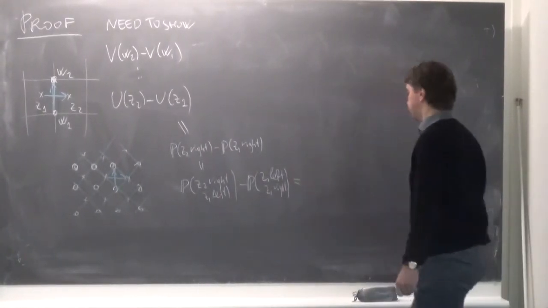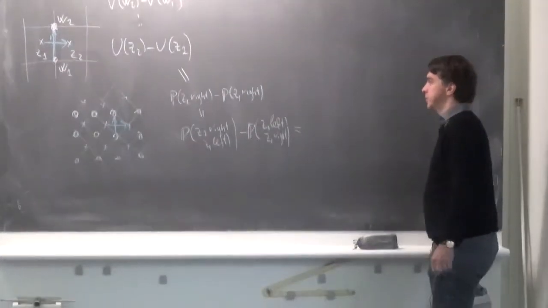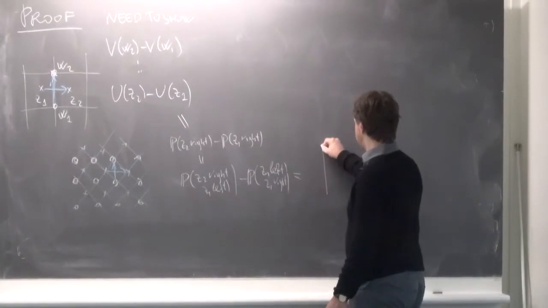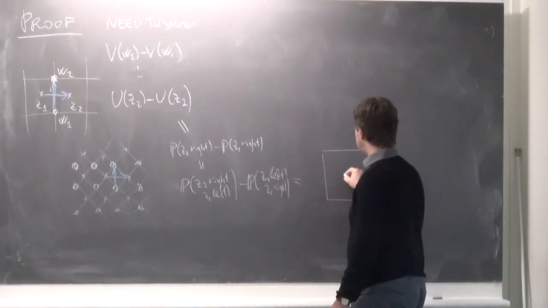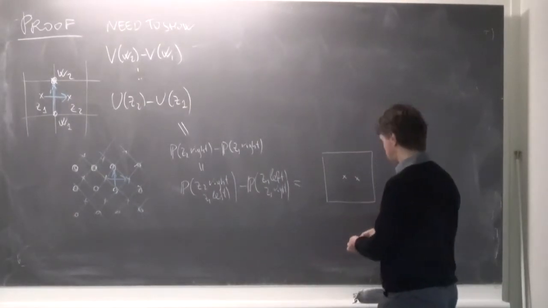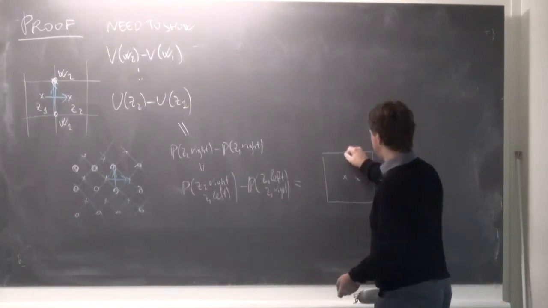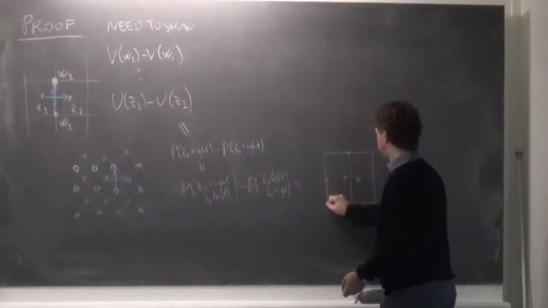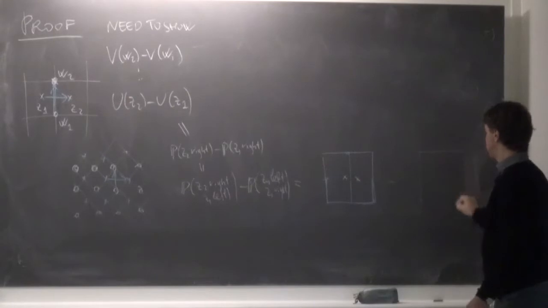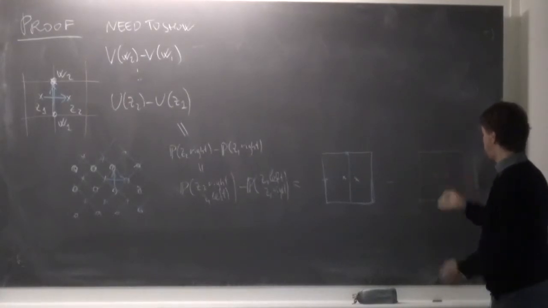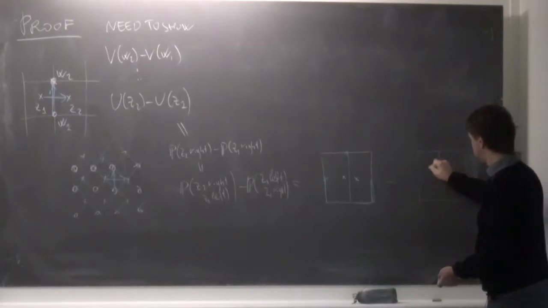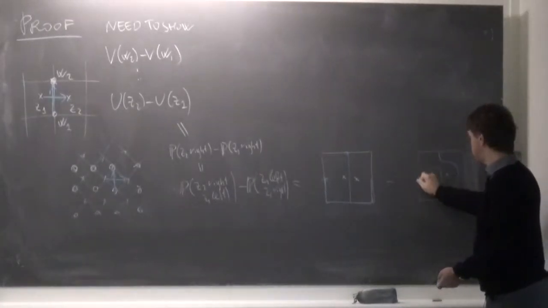And that I can draw graphically. So let me just draw this graphically. The first one, Z2 right and Z1 left, is a configuration of this type. And the other one is a configuration of the type where the curve passes the other way around with a twist.